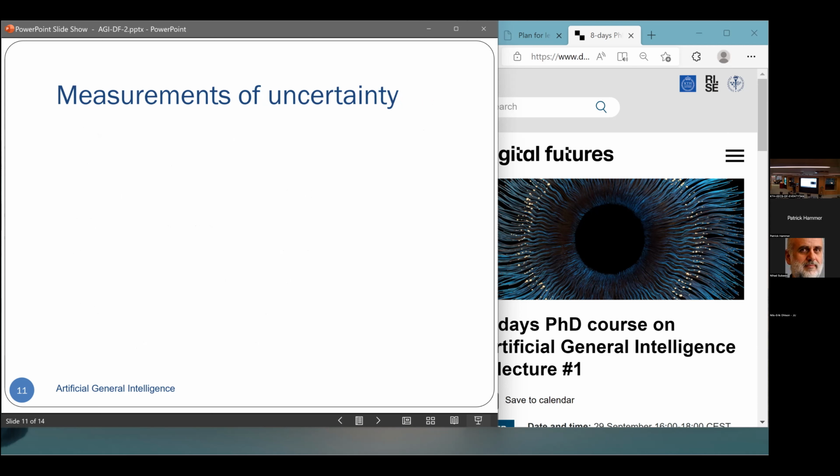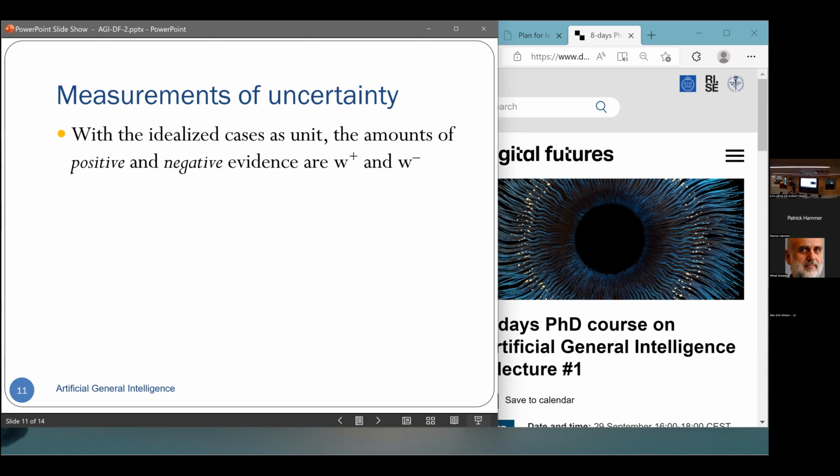We can use that as the foundation of our measurement of uncertainty in the system. So first, you'll see that in that situation, I can simply count how many successes and how many failures I have, right? That's very intuitive. That's what we are doing in our daily life.